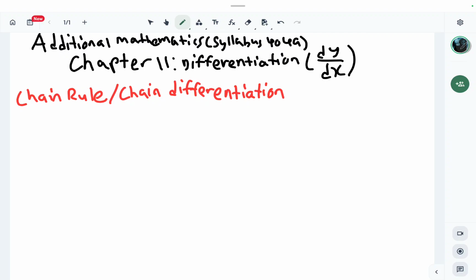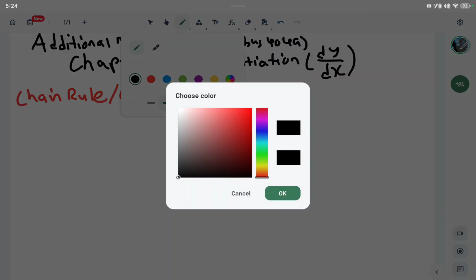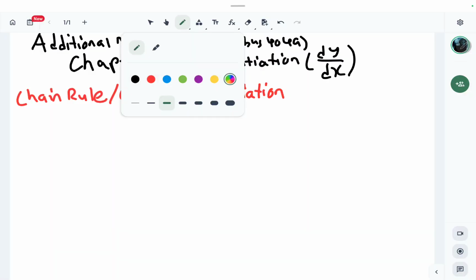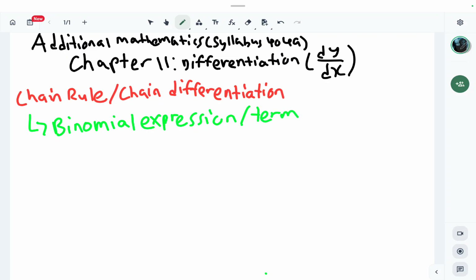But actually, the real meaning of chain rule or chain differentiation, which I will write out in green, is actually a binomial term or binomial expression. So when we are doing chain rule, what does this mean?